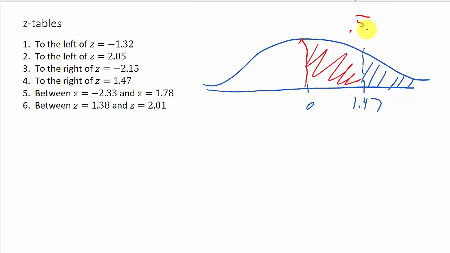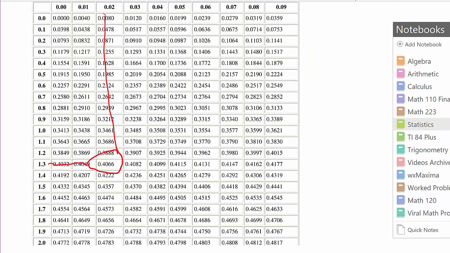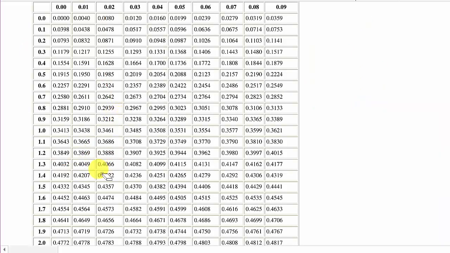And so if we do 0.5 minus this area, that'll leave us with this. So let's look up 1.47. We've got 1.4, and here's the 7.